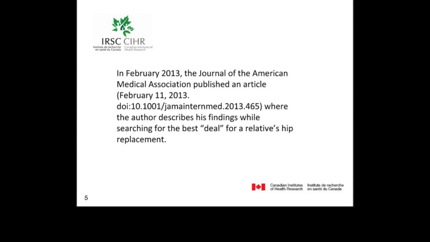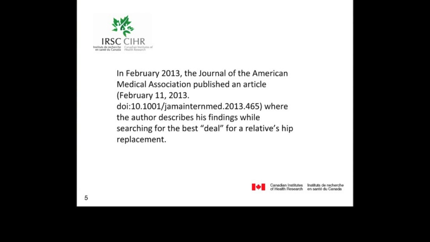What happened was that a researcher was requested by a relative to check the prices of a hip replacement that she needed. This researcher, just as a favor to the relative, phoned a series of institutions asking for the price and asking for the type of service that was associated with the price.